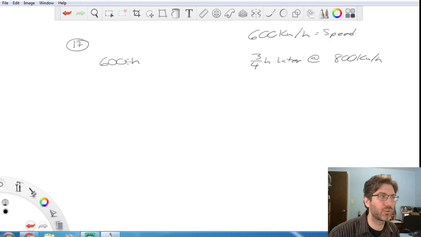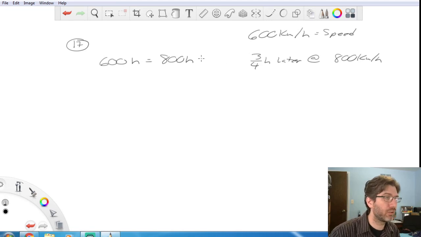So 600 times however many hours it takes is going to give you its distance. Where is it at? That's going to be equal to the speed of the other one, which is 800 per hour, right?